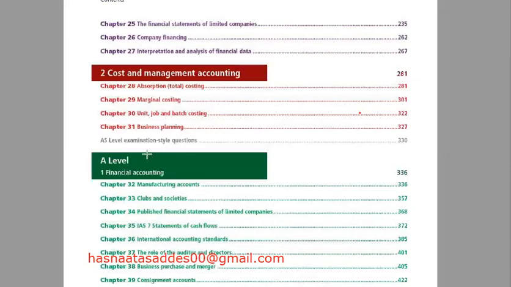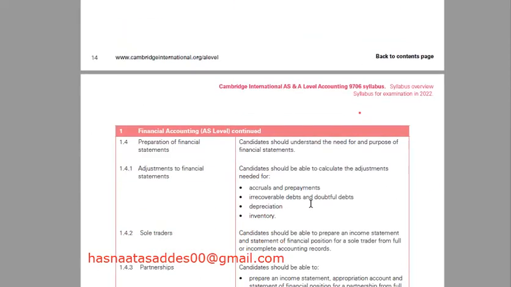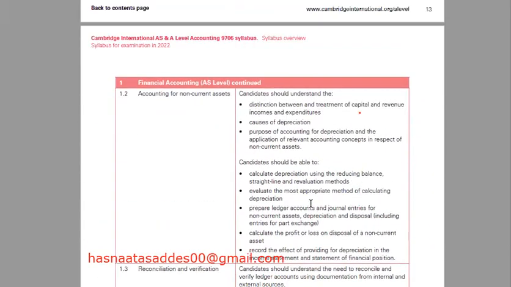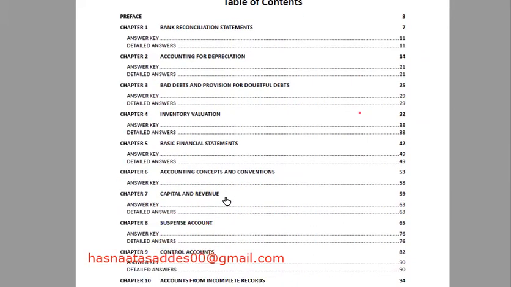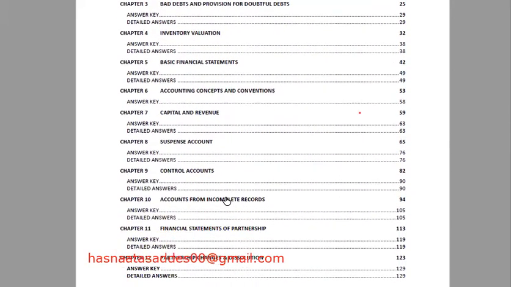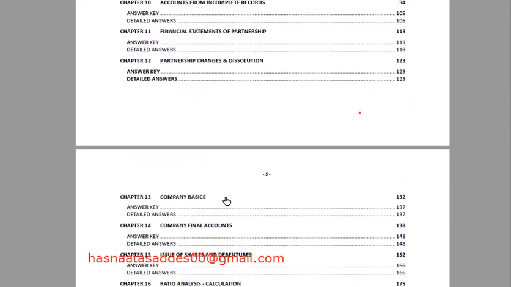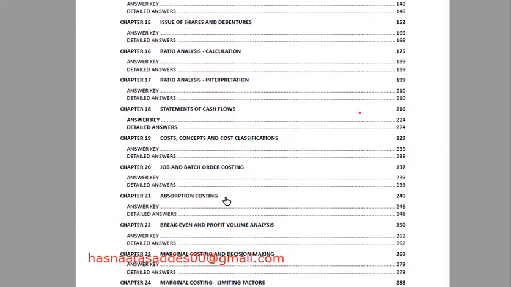Accounting for depreciation. So 1.4 topic, you can see here. It's from non-current assets. Bad debts. Inventory valuation comes from LIFO, FIFO, cost accounting, accounting concepts, capital. Things have been mixed here in these notes. Things are as per guidelines, but things have been badly mixed.